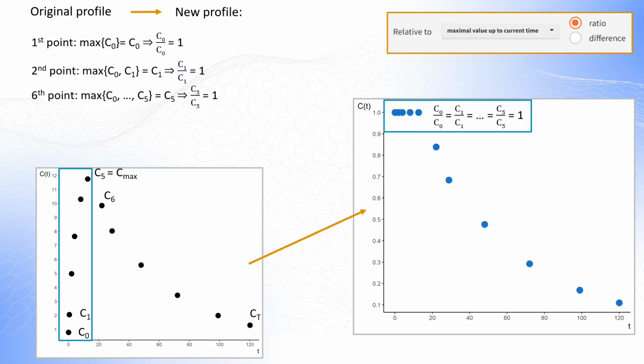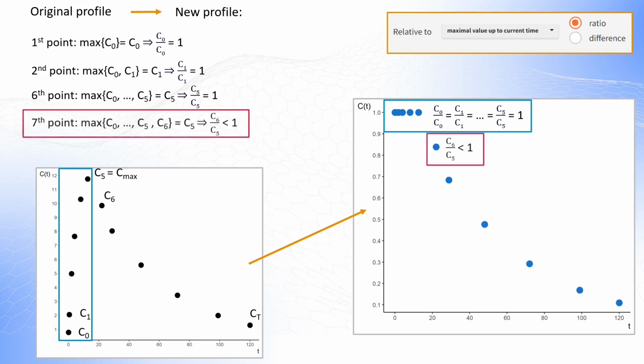At each new point, the maximum must be re-identified. Here in this example, the profile peaks at the 6th time point, at C5. Therefore, all values that were in the increasing range in the original profile are equal 1 in the new profile, since they are divided by themselves. At the 7th time point, the maximum of the values C0 to C6 will be determined, which is still C5.